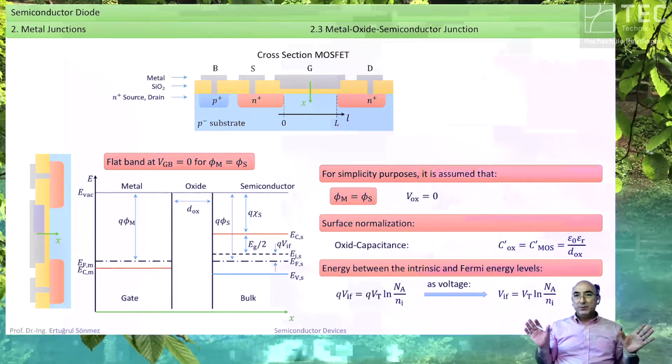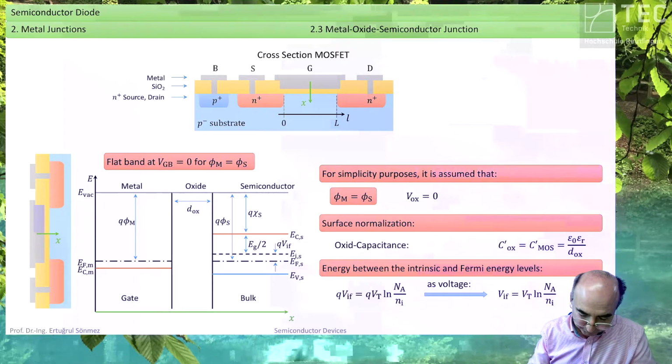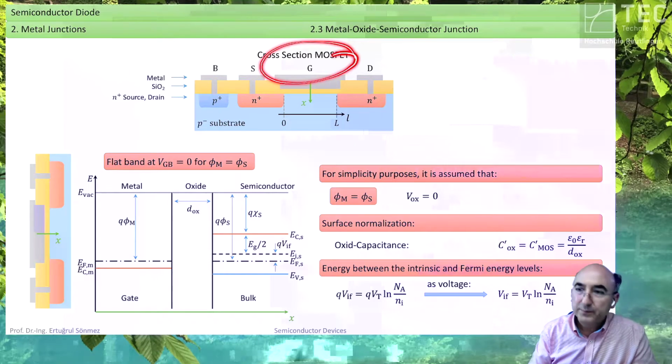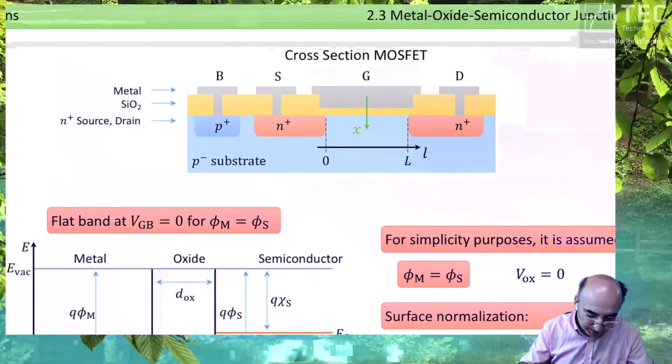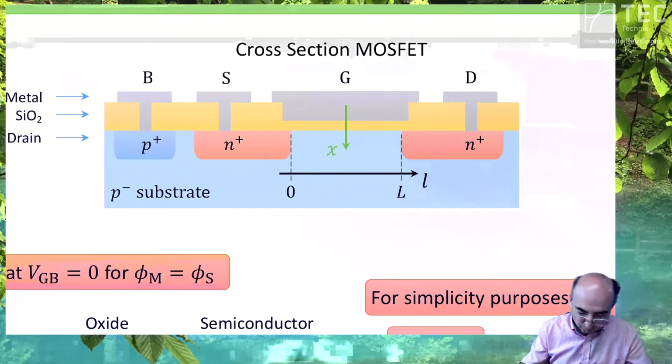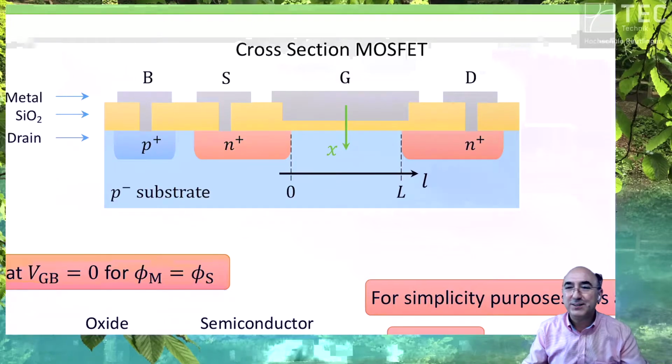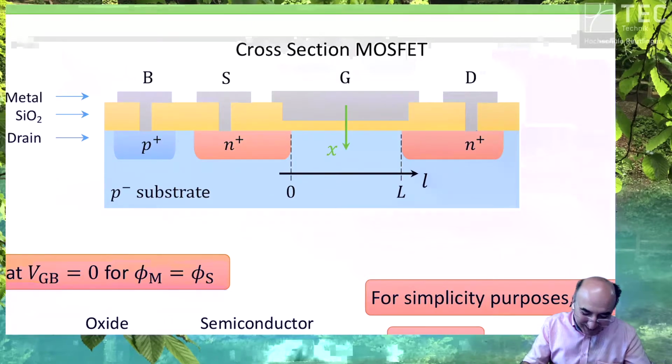Now we go to the next topic. The next topic is MOSFET. MOSFET is very simple, but understanding it, yeah, it takes energy. Let's say it this way around. Let's put some into these lectures as energy sink.